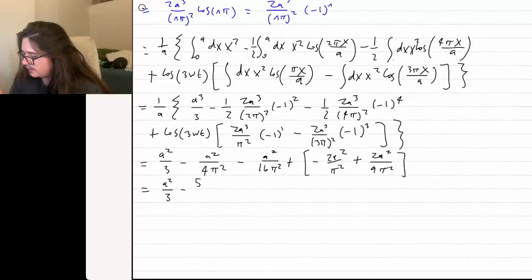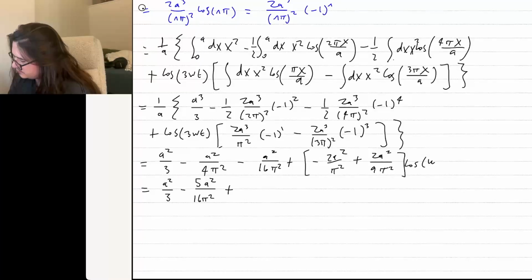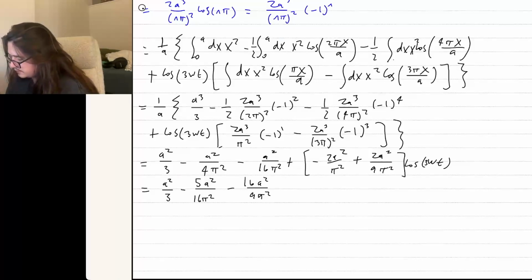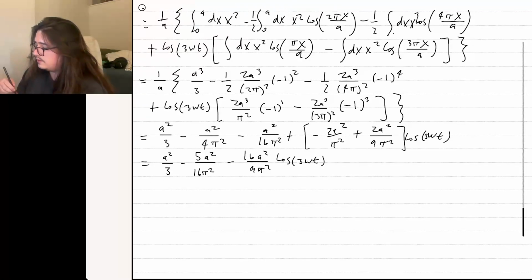Yeah, it's 5a squared over 16 pi squared plus, and I cannot stress enough to not forget the time-dependent term, plus, and then this is actually minus 16 a squared over 9 pi squared? Yeah, because 9 times 2 is 18. Yeah. So, and that's times cosine 3 omega t. Gross. So that's the expectation value of x squared.